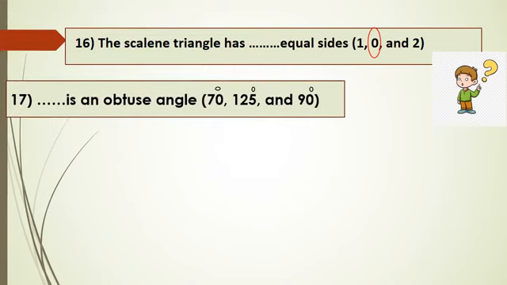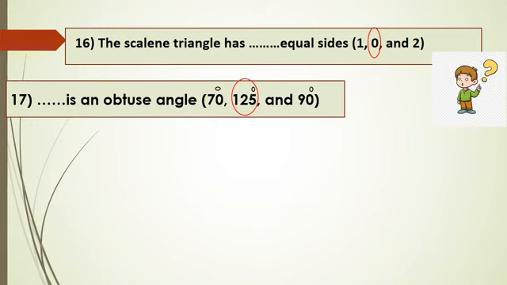Number 17. What is an obtuse angle? It's an angle that measures more than 90 degrees. We choose 125 degrees.